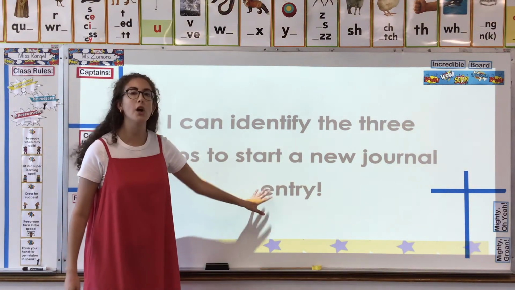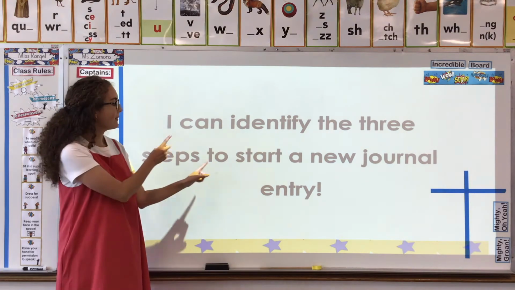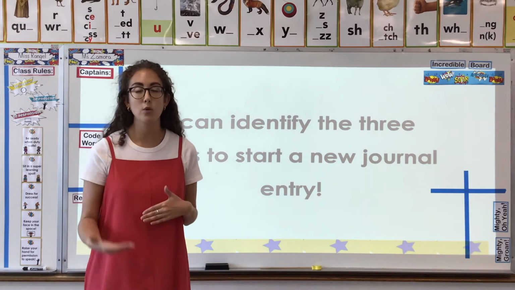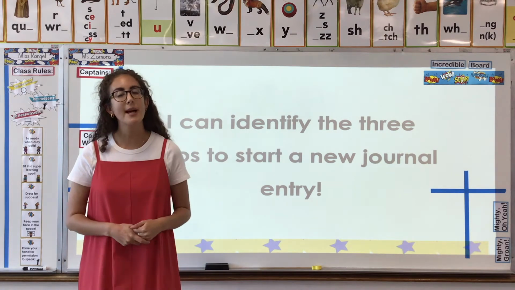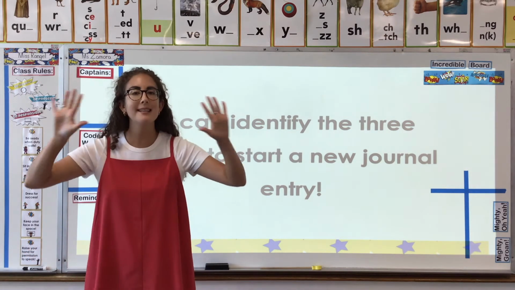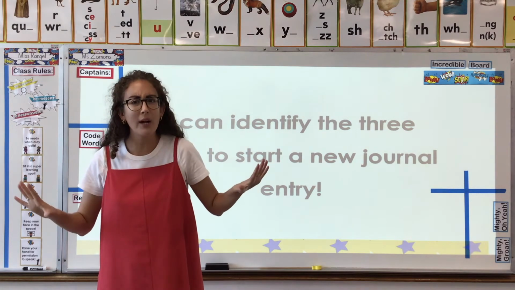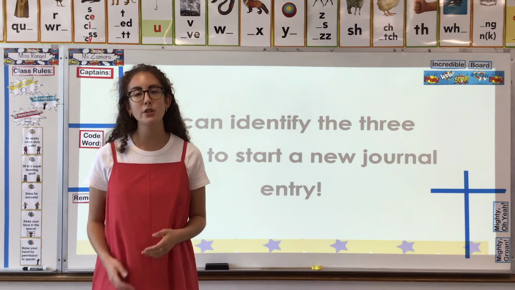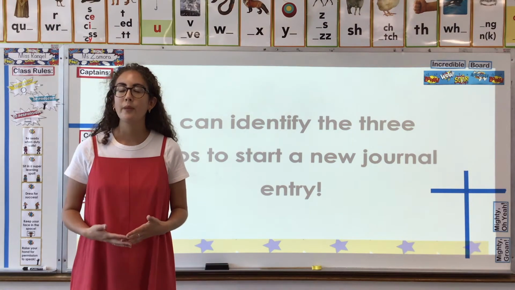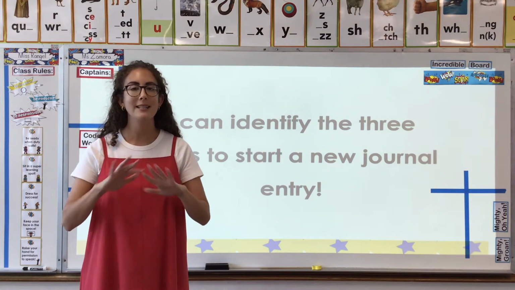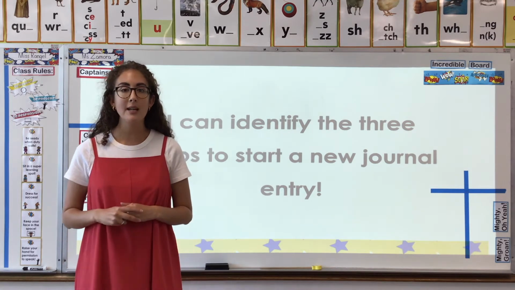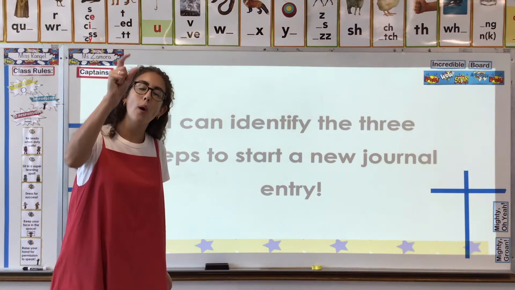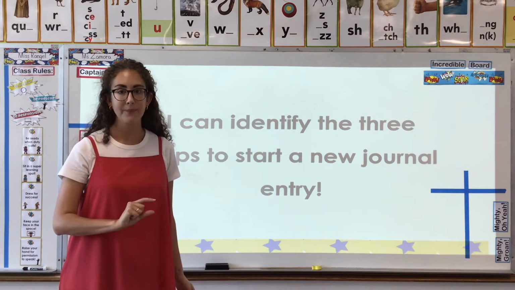And in order to start a new journal entry, we have 3 steps that you need to take between each one. This is because we want our journal to stay nice and neat, to stay nice and organized, so we can see everything and even go back and find a journal entry if we need to. So in order to keep our journal nice and neat and easy to read, we have 3 steps we need to follow to organize our writing.